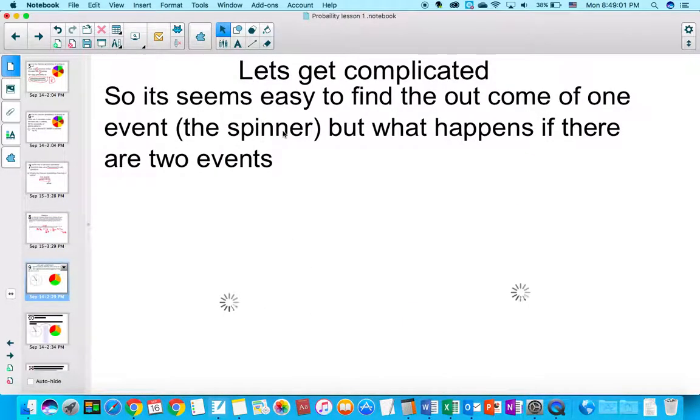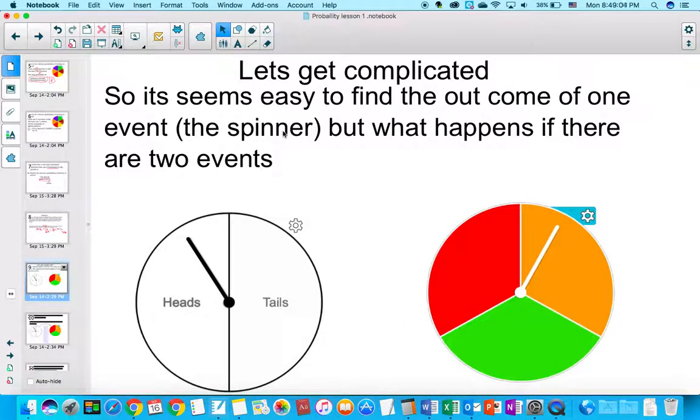So it seems easy to find the outcome of one event, the spinner, but what happens if we have 2 events? I don't have a coin, but let's say we have a coin, and a spinner. What is the probability of getting specific outcomes on 2 events?